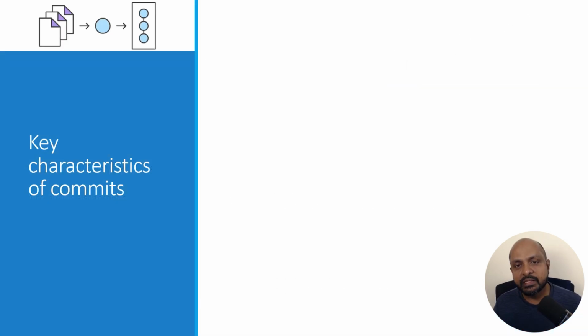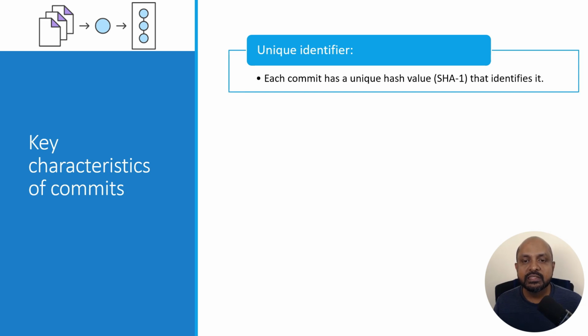If we examine the key characteristics that define a Git commit, we can see some very interesting attributes which are essential for effectively utilizing Git in our version control process. The first one is a unique identifier. Each commit in Git is marked by a unique identifier, as we discussed earlier, based on an SHA-1 hash.